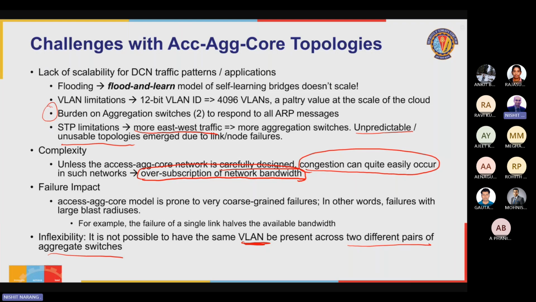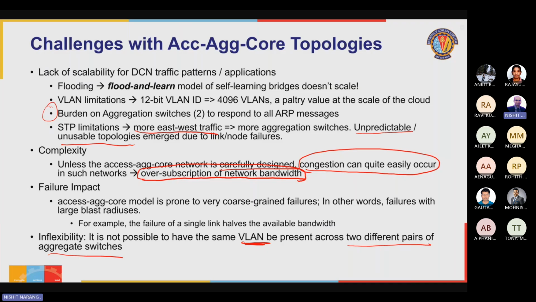So access aggregation core topology, while it works reasonably okay with your client server traffic, has those benefits which we talked about. It's low cost, it's fast, it's zero configuration. There are challenges when it scales, when it grows to the size of a modern data center network with thousands of servers. As it grows horizontally, the flood and learn model doesn't work. It doesn't scale.